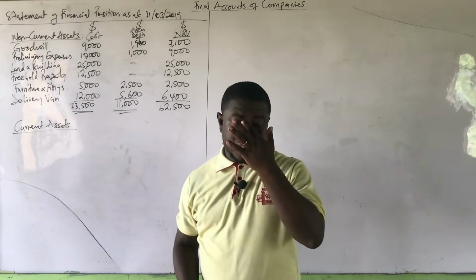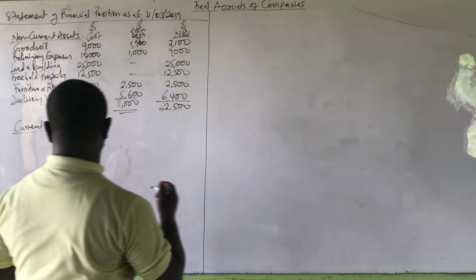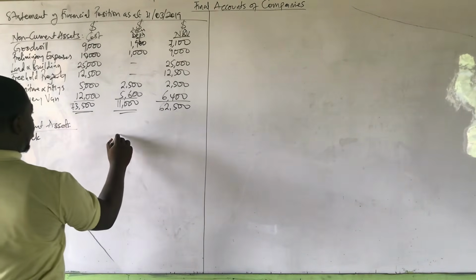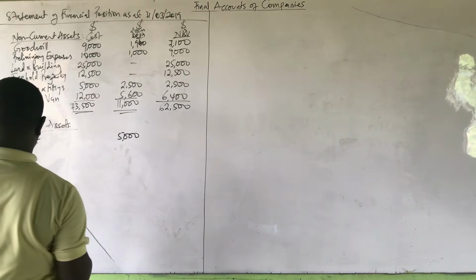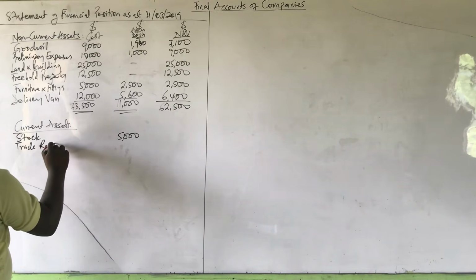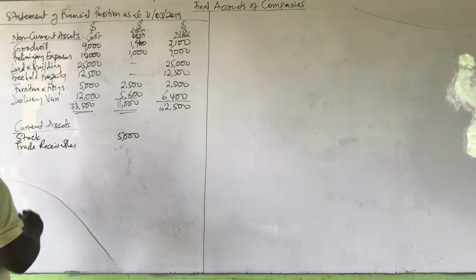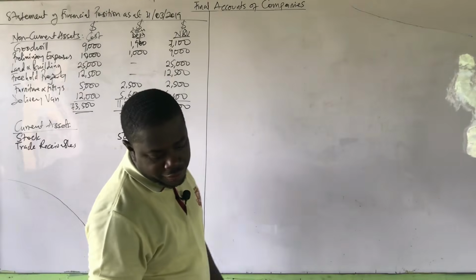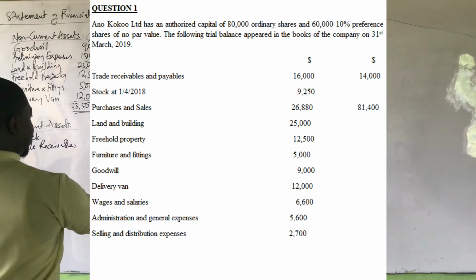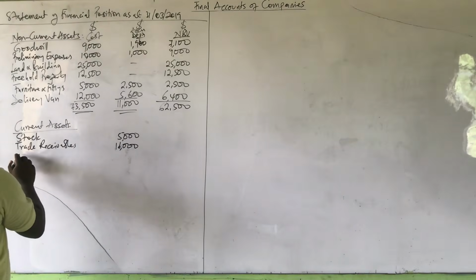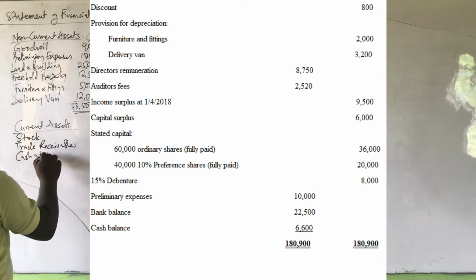Under the current assets, we arrange them according to liquidity. So we start with our inventory or stock. The closing stock value was 5,000. And then we had trade receivables. Fortunately, there were no provisions for doubtful debt or anything like that. So our trade receivables in the question was 16,000. And then we have cash at bank.